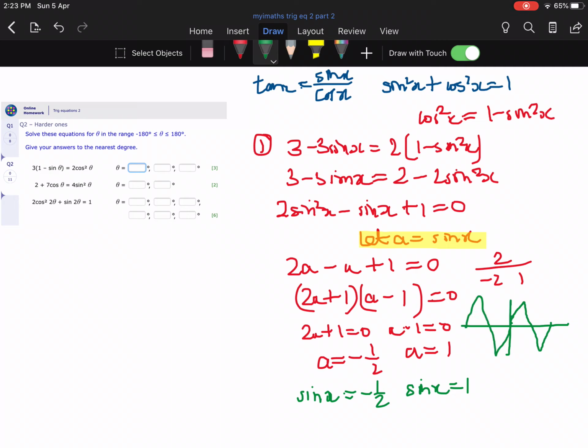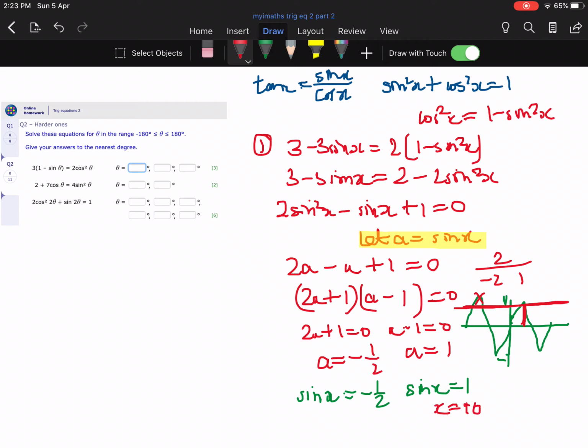Oh, my jaggy peaks. So here is 1 obviously, and here's negative 1. So if I was to put a line across 1, which is here, this is outside of the range, so I don't need it, so it's going to be that one, which is clearly 90 degrees.